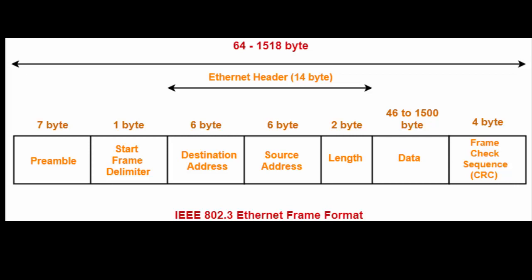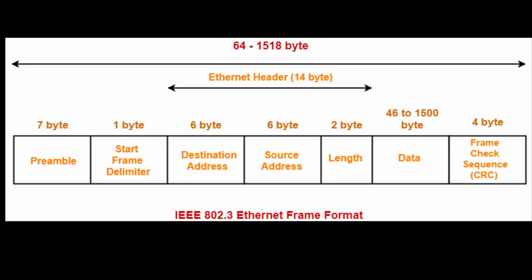SFD indicates that the upcoming bits are the start of the frame, which is the destination address. Sometimes SFD is considered part of the preamble. This is the reason preamble is described as 8 bytes in many places. So the SFD warns stations that this is the last chance for synchronization.